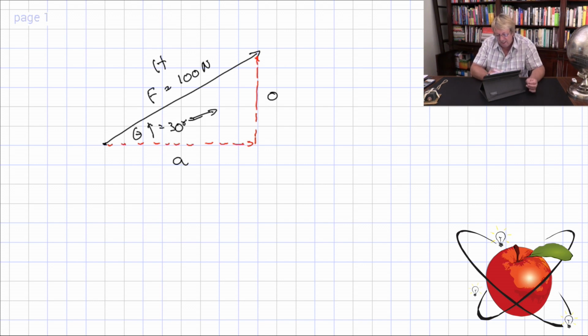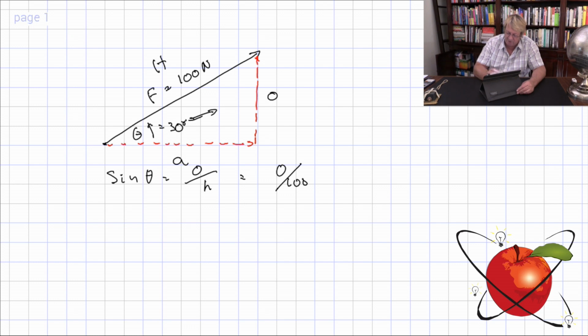Let's take a look. Sine of theta is, by definition, opposite over hypotenuse, which is going to be opposite over 100 in this case. And sine of theta is equal to the sine of 30 degrees, isn't it?